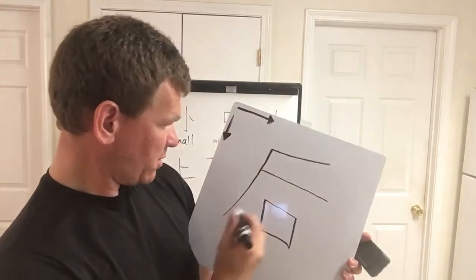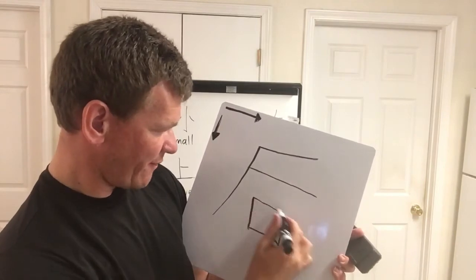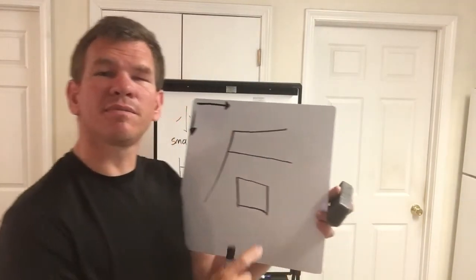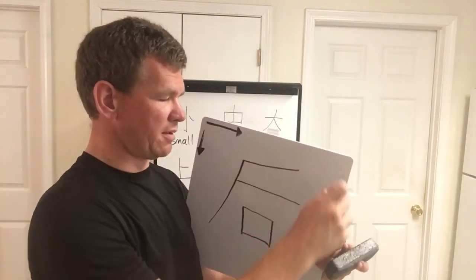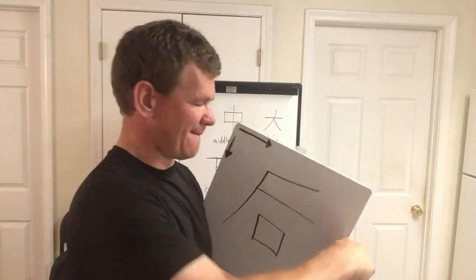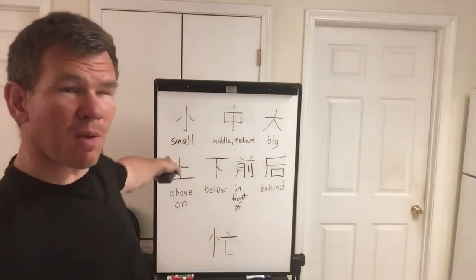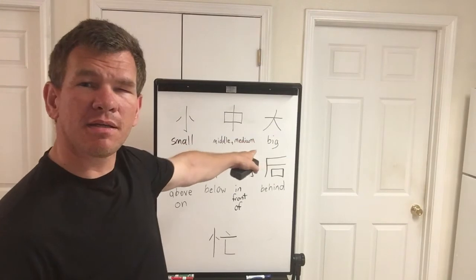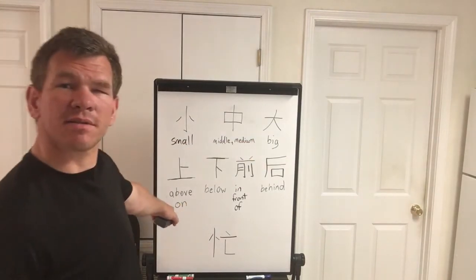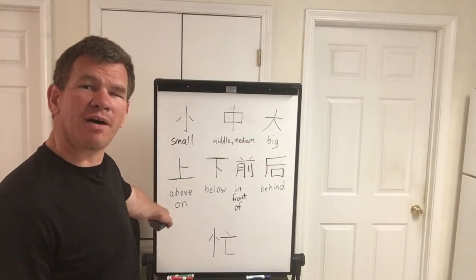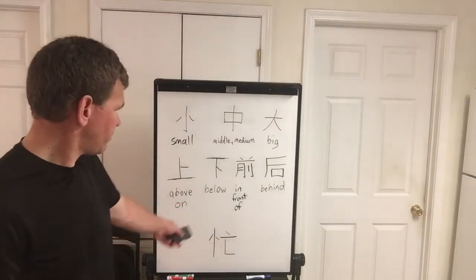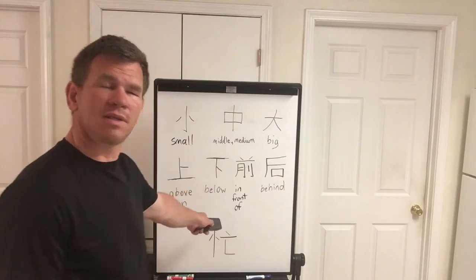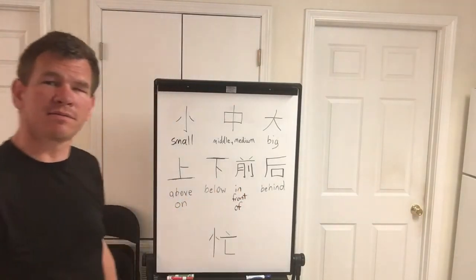1, 2, 3, 4, 5, 6 strokes. This means behind. So we learned small, medium or middle, big, and then over here down we have above or on, below, in front of, and behind.